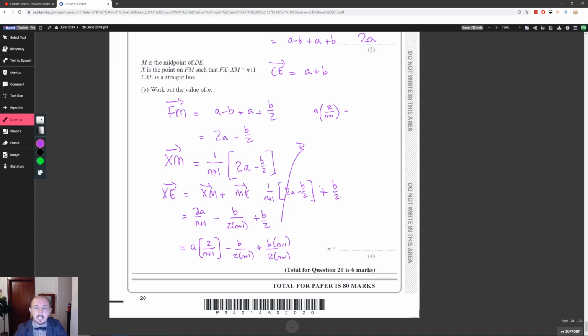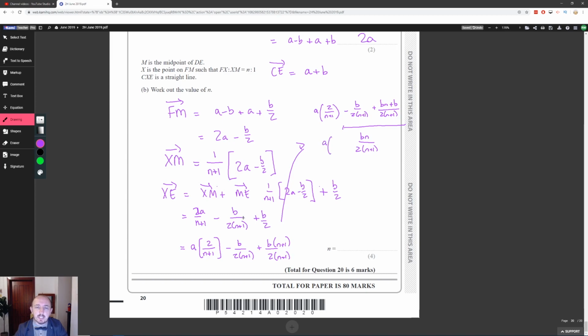Then we're going to have negative b over 2 brackets n plus 1 plus bn plus b over 2 brackets n plus 1. So we can collect these two together and we get the negative b plus b. That's going to actually cancel that out and we're just left with bn over 2 brackets n plus 1.